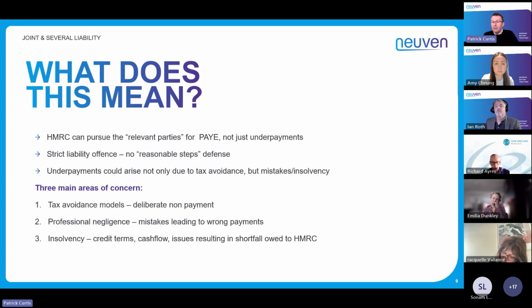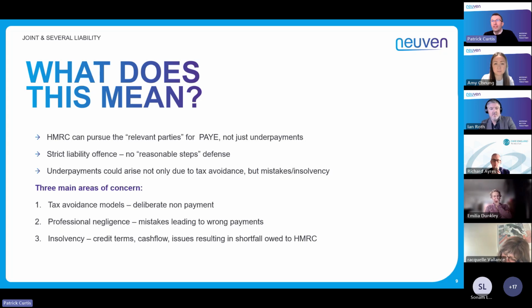This is a strict liability offence. It's not like some of the issues that we've been dealing with in the industry recently around, say, mini umbrella fraud, where there is a fault element and there are reasonable steps that a party can take to defend itself. As long as the debt exists and you are a relevant party, you are liable for it.